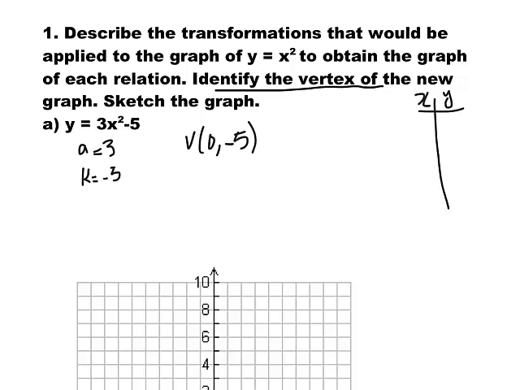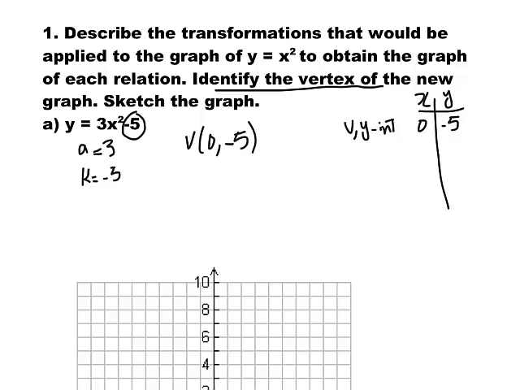The first point is the vertex, (0, negative 5). As usual, we are going to find the y-intercept. The y-intercept is the constant, which is negative 5. So the vertex and the y-intercept are the same point, (0, negative 5).